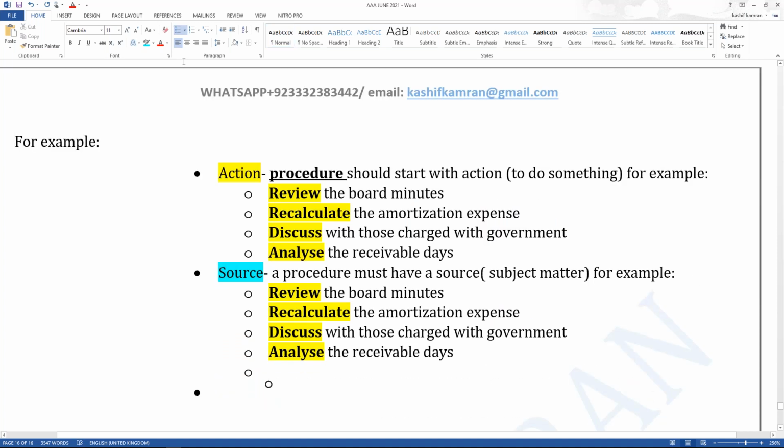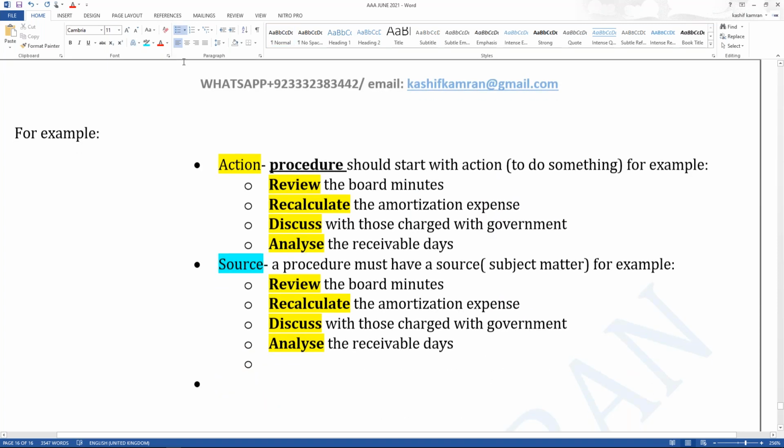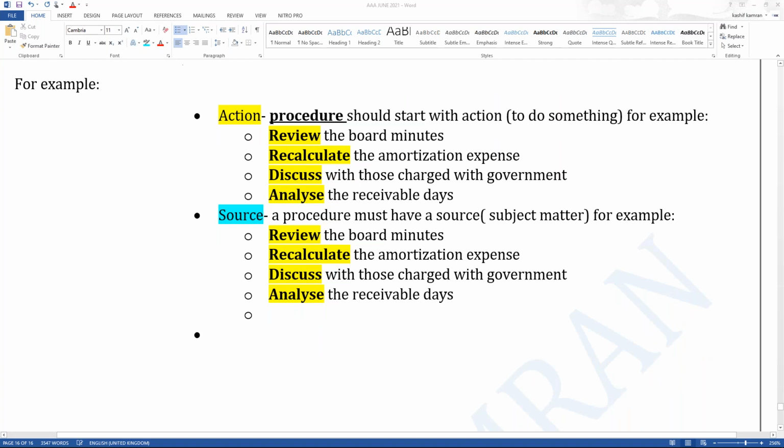Source: a procedure must have a source. Source means a procedure must have a subject matter. Now see, review the board minutes. What's the subject matter? What's the source in the first procedure? Review the board minutes. What's the subject matter? What's the source?